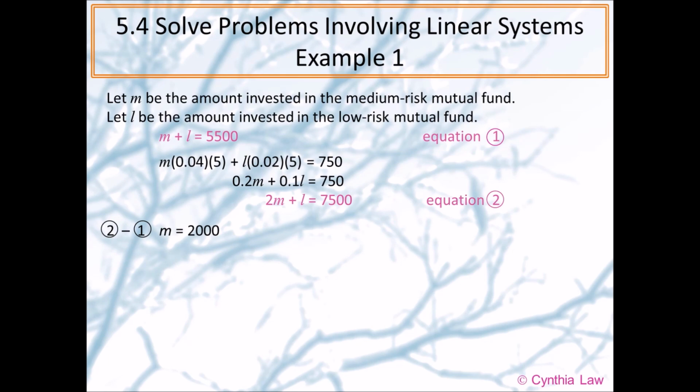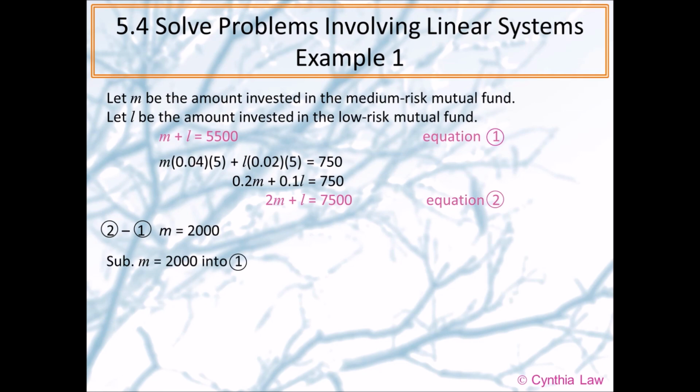And then 7,500 subtracting 5,500, I have 2,000 left. So once I use elimination, I have M equals 2,000, and I have actually solved the amount invested in the medium risk mutual fund right away. Instead of using substitution, using elimination is much quicker in this case.